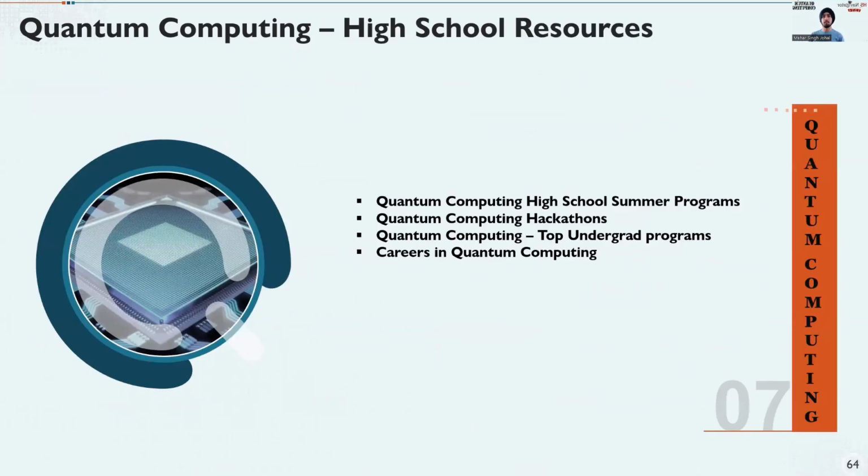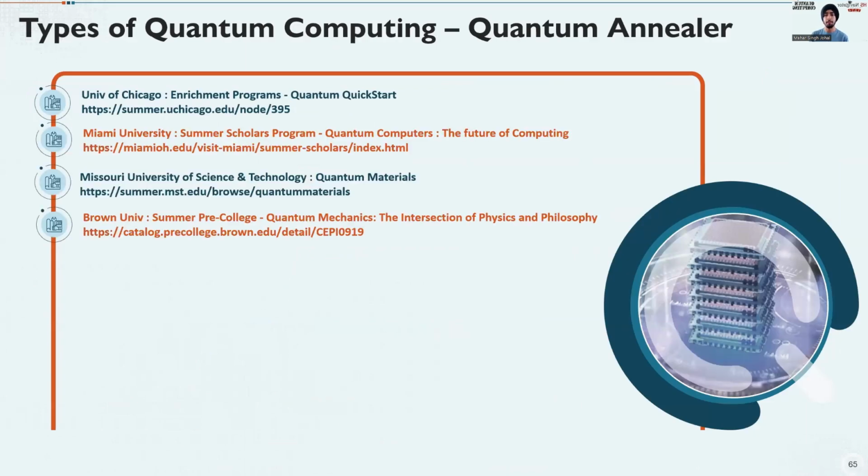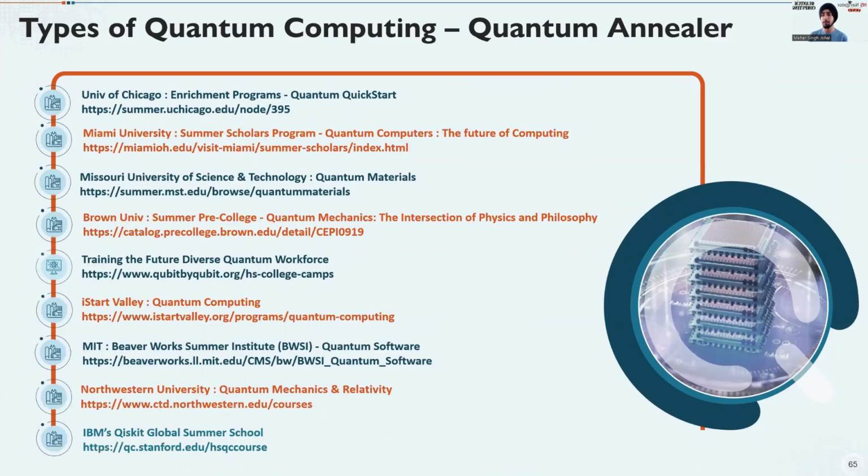And this might actually come as a shock to a lot of you, but you can actually work on quantum computing as a high schooler. It might seem like a very far off, very research, very PhD person field. It's actually a field you can get your first introduction to if it really interests you in high school. There's a lot of programs that we have about quantum computing, working on quantum annealers and stuff as well. University of Chicago has a program called Quantum Quick Start.